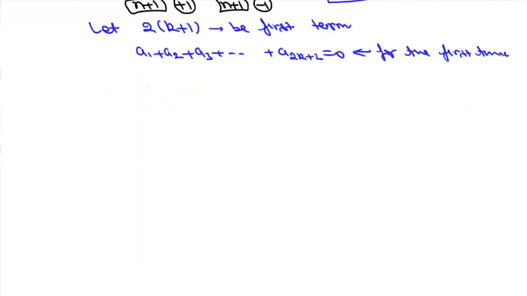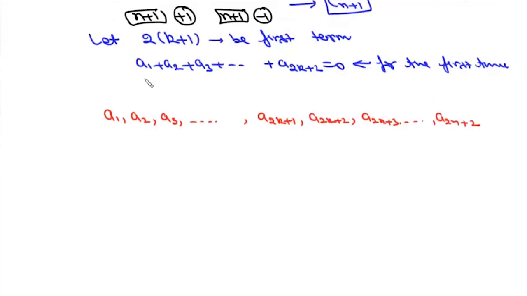Now if we look at the sequence, which is a1, a2, a3, up to a(2k+1), a(2k+2), and this is a(2k+3) up to a(2n+2), the sum of the sequence is 0 for the first time at this number a(2k+2).